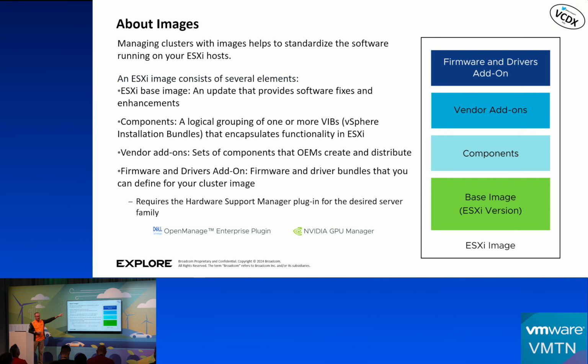But how to integrate firmware? When you try it without having hardware support managers installed, the list is just empty. You can't choose anything. The reason is it requires HSMs.